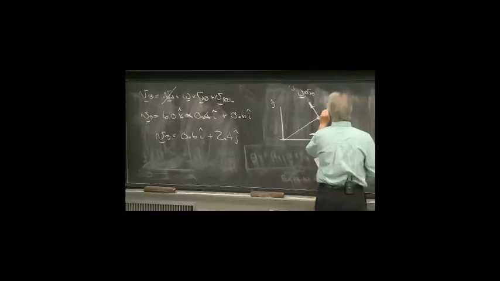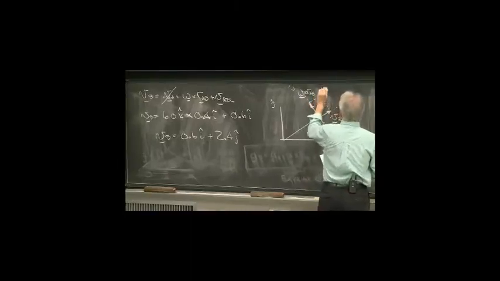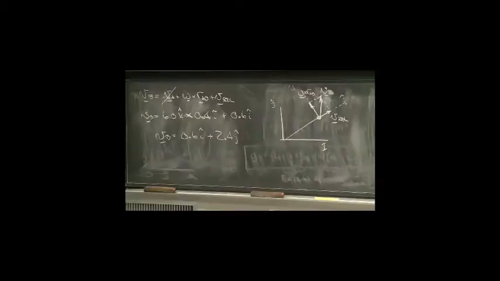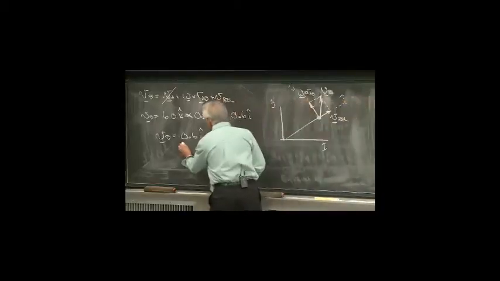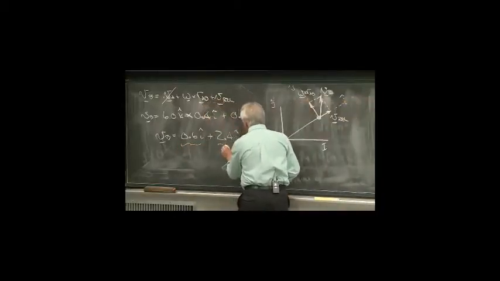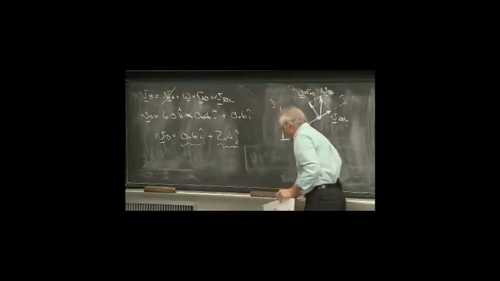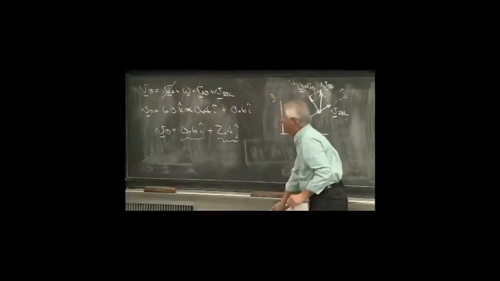All right, everybody see that? Everybody got it? You can see that it's going to have two components, and here they are. A component each in the I and J direction.